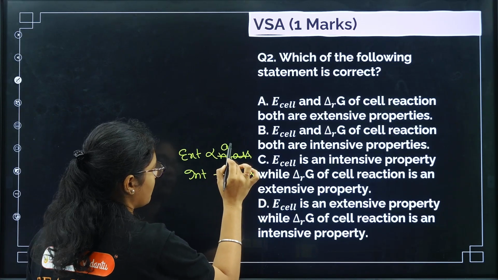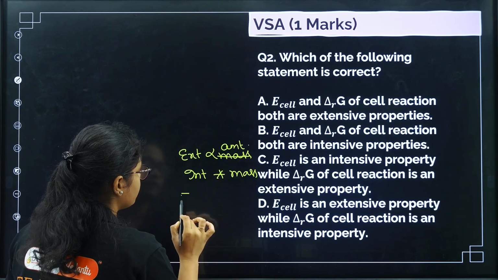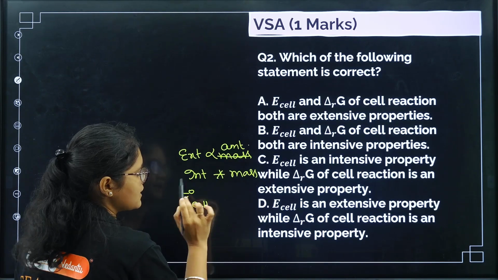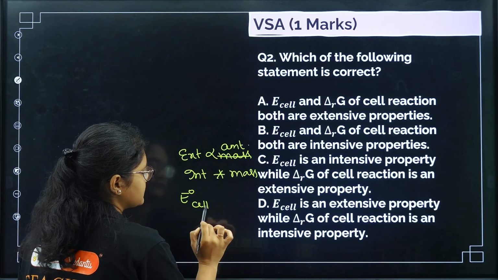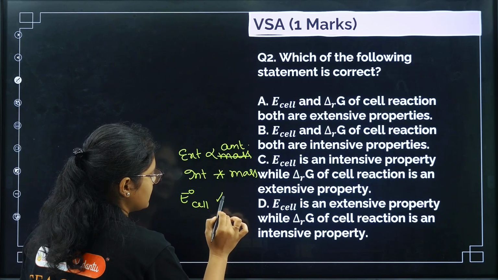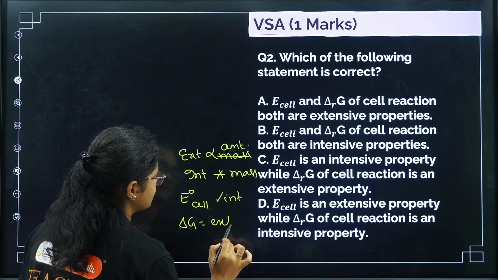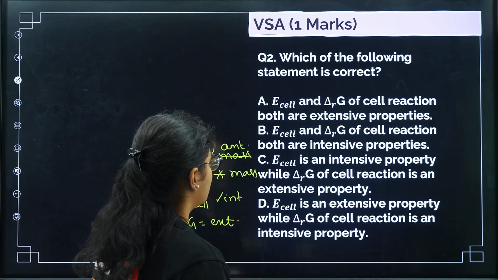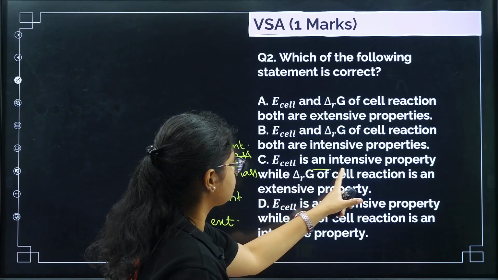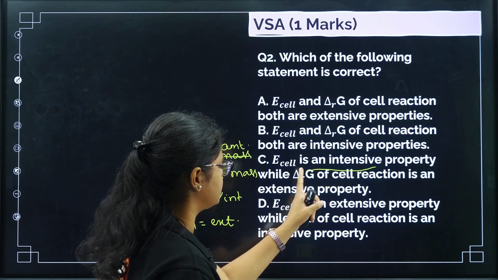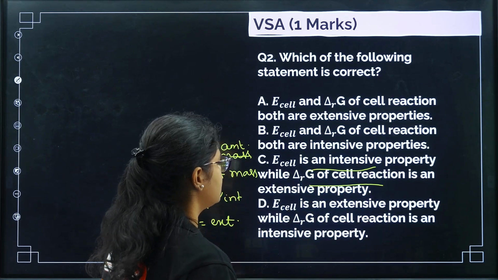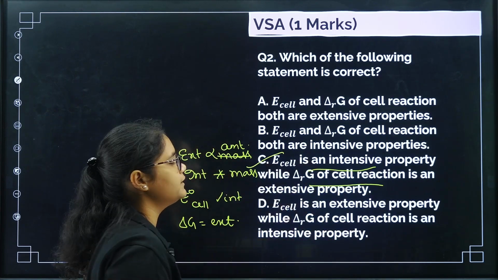For E of the cell, there is no term of mass, so E naught of the cell is independent, that is, it is an intensive property, whereas delta G is an extensive property. Option number C here.